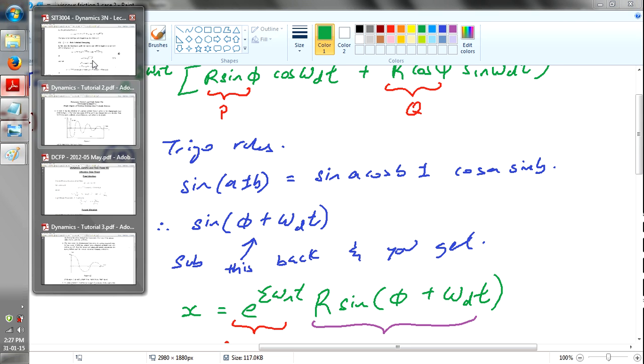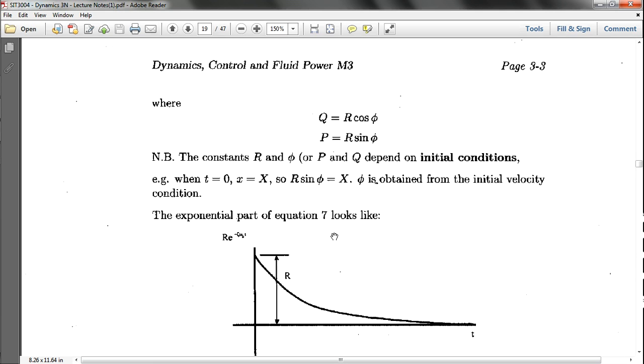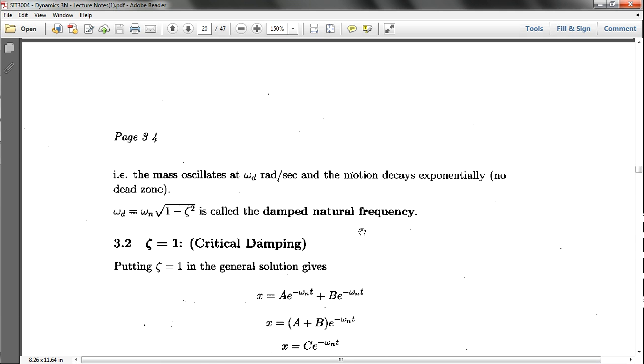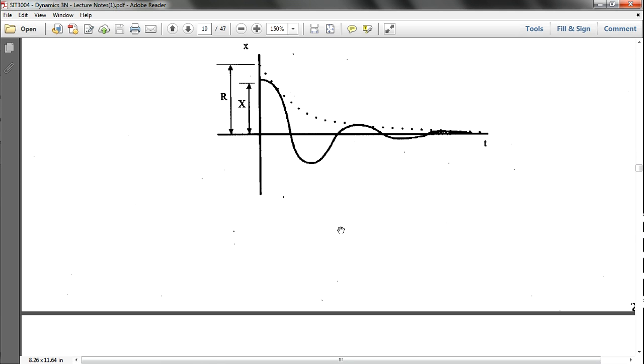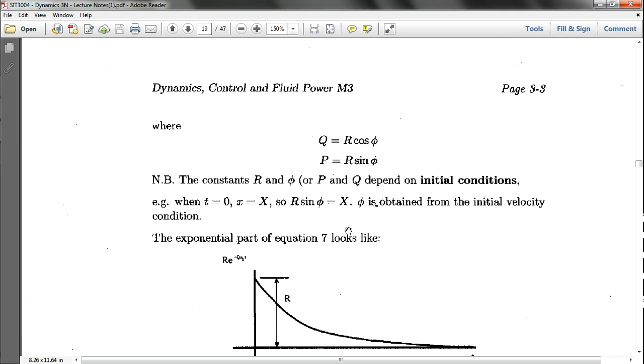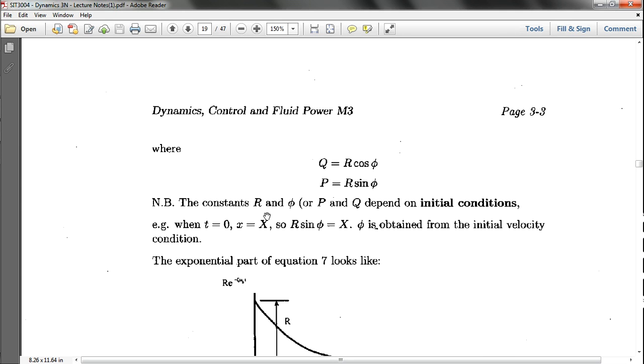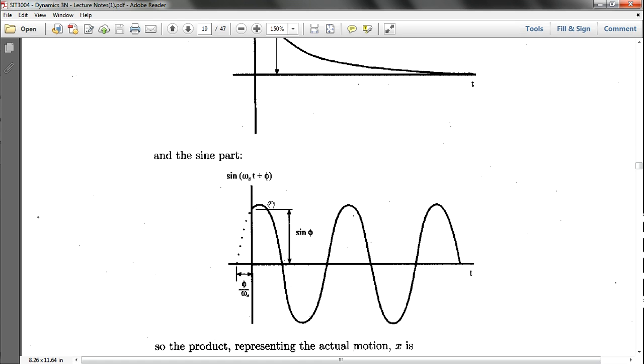If you check your notes, it also says that the constants R and alpha, P and Q depend on initial conditions. So when t equals 0, you get this.